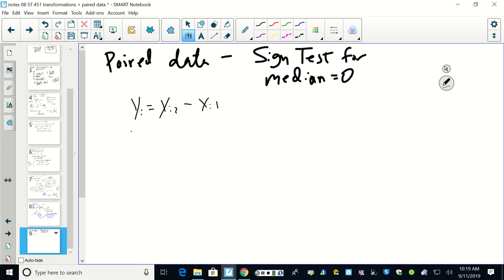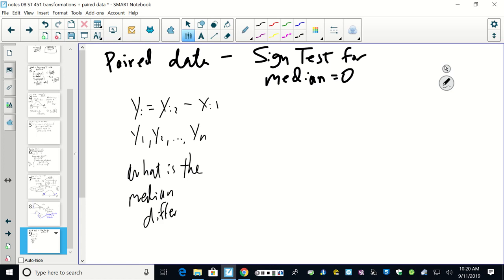And so our data are these pairs, y1, y2, right up to yn. Instead of testing something about the mean, one thing we could do is look at the median. What is the median difference?